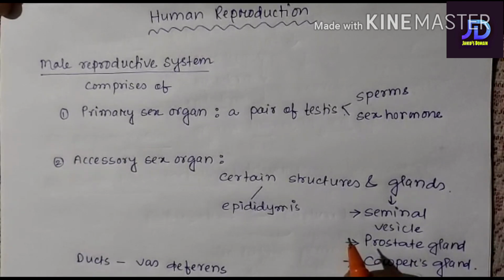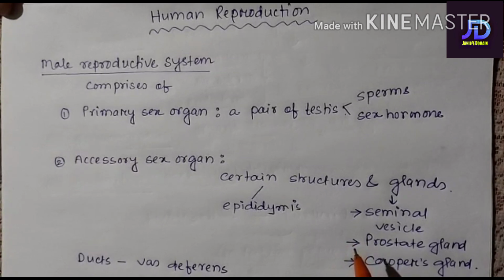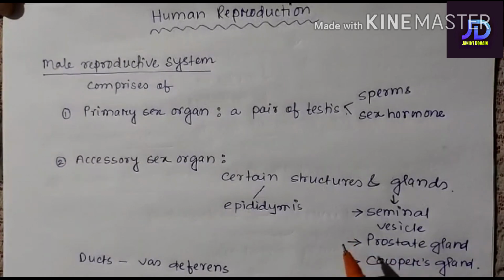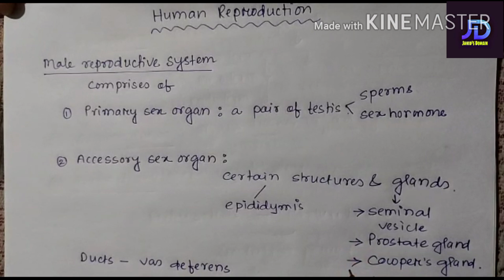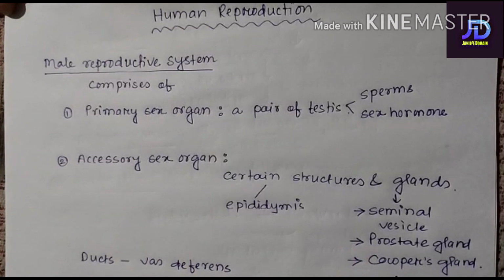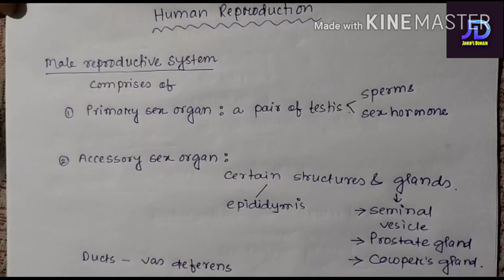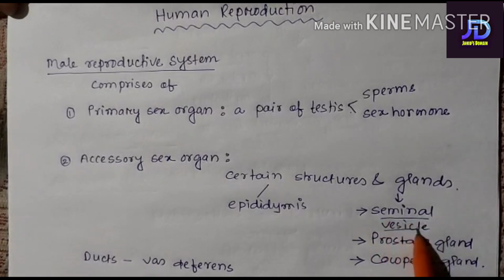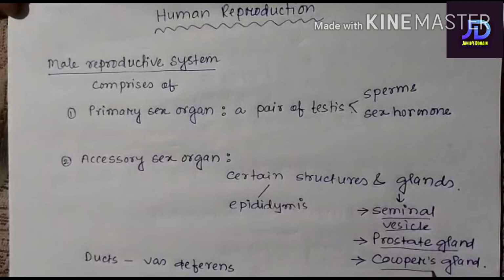Under these structures, there is a tube-like structure located posteriorly to the testes, called the epididymis. And there are some glands which help in the male reproductive system: the seminal vesicle, the prostate gland, and Cowper's gland.